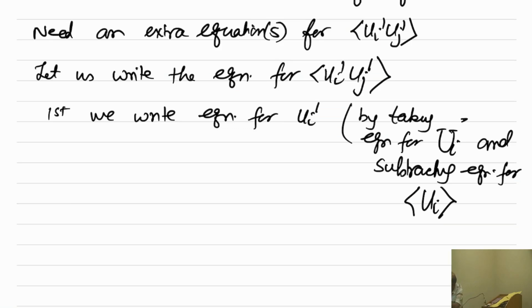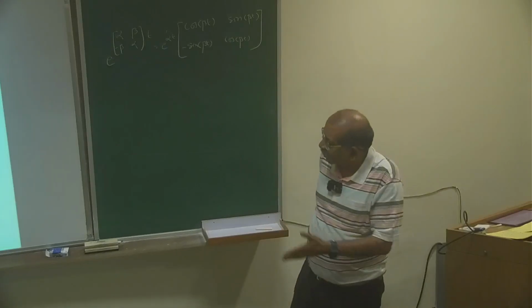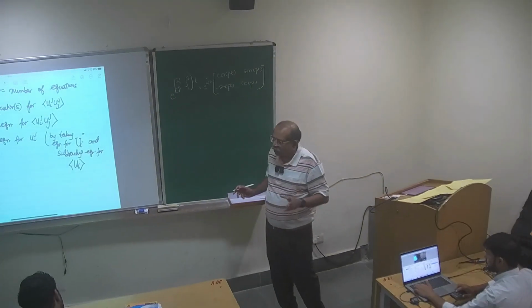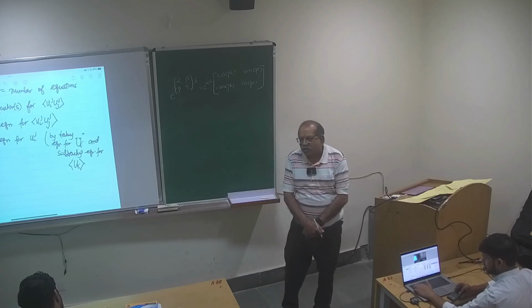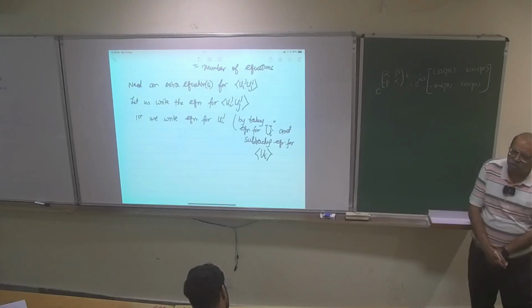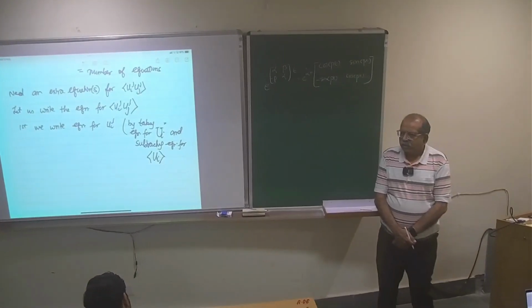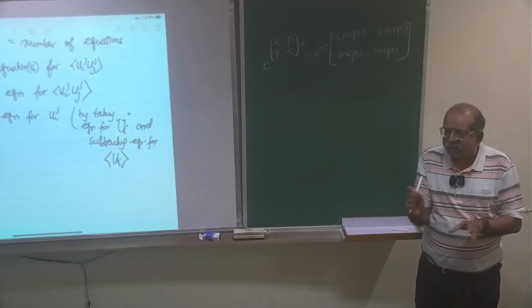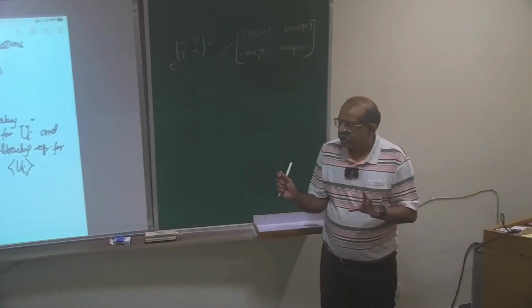It is a tedious exercise, but we will do it, not today, maybe 1 week or 2 weeks later, or maybe even more. So, we will come back to this, but that means we can write the equation for ui prime. Now, if I have written the equation for ui prime, do I need a separate equation for uj prime, or is it the same equation? It's the same equation, you just have to change the index i to j.